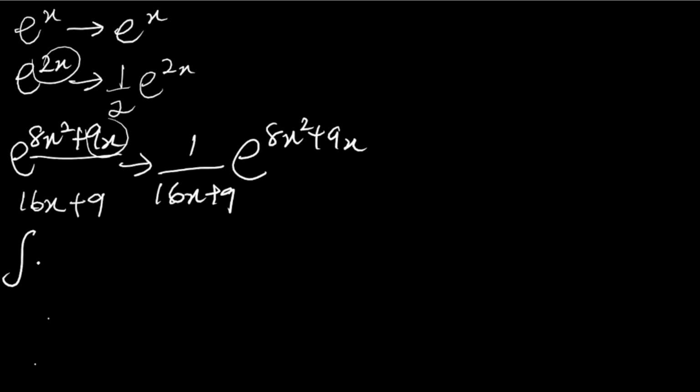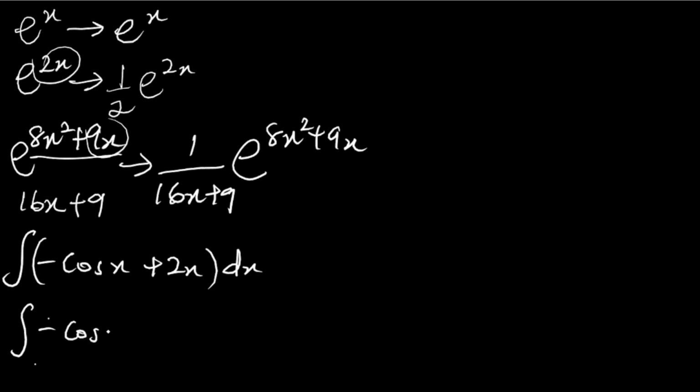Okay, let's say we have the integral of minus cos x plus 2x, all in brackets, dx. This implies the integral of minus cos x dx plus the integral of 2x dx.